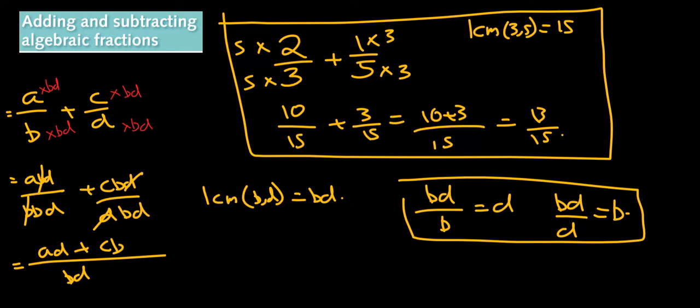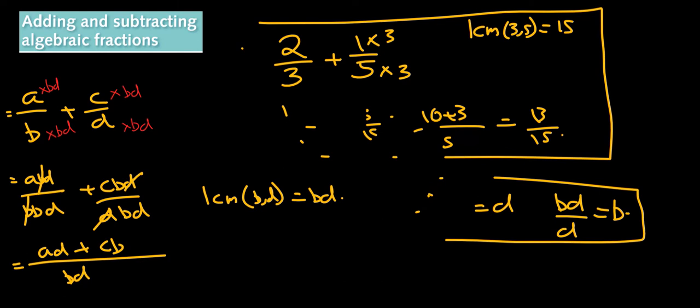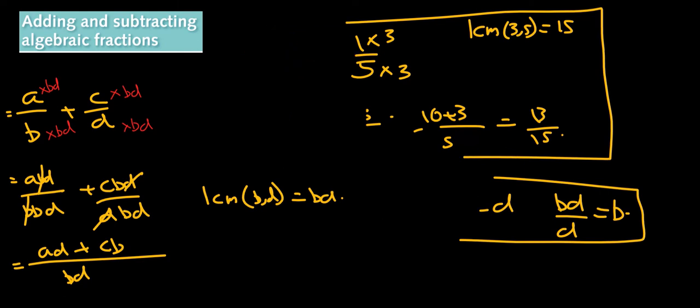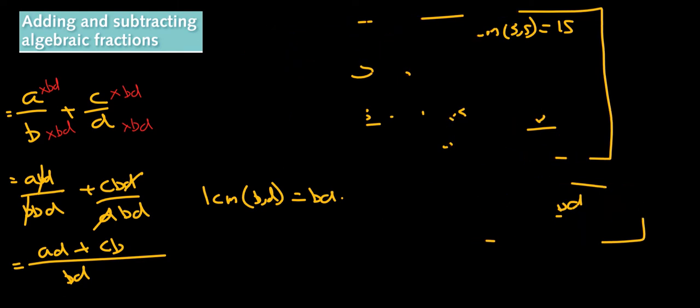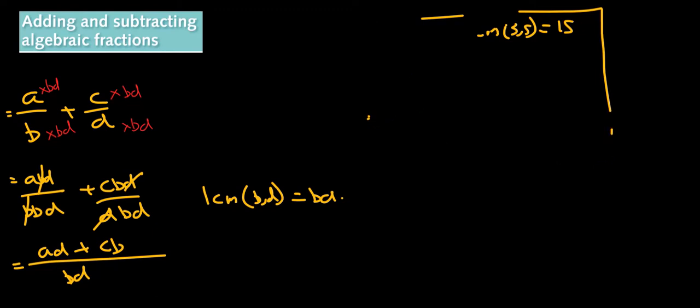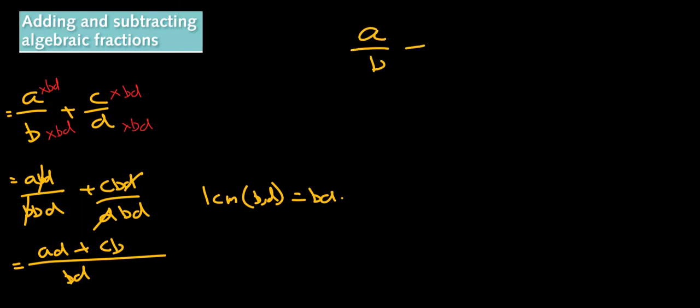Now there's a much quicker way to achieve this, and it's called cross multiplication. Because there's cancellations involved, we can just cross multiply. We have a over b plus c over d.